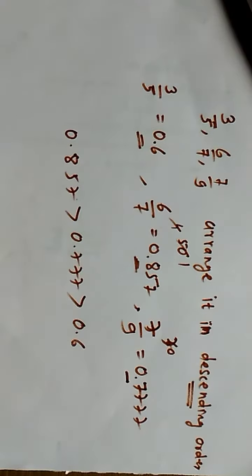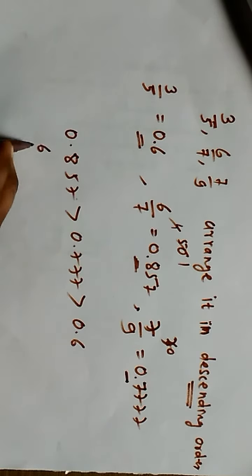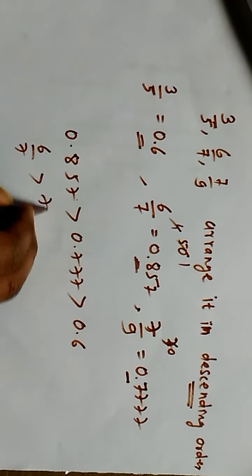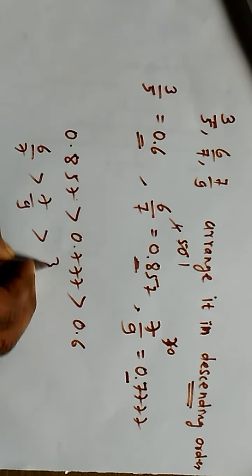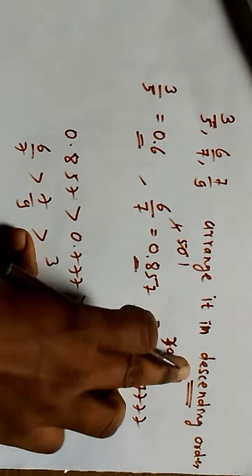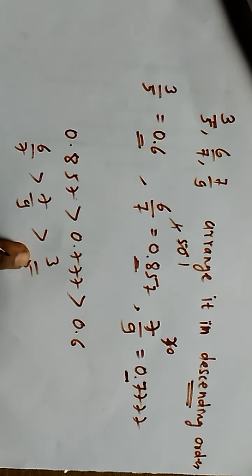So the descending order of these numbers is 6 by 7, next 7 by 9, next 3 by 5. This is the descending order. Also, if the question is asked like this, arrange in ascending order, then this number is first and this number is last.